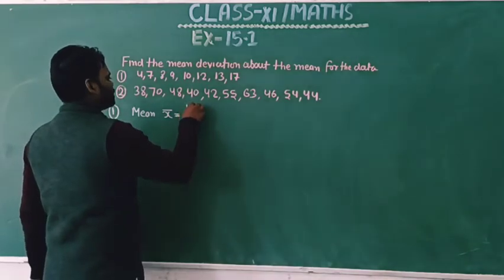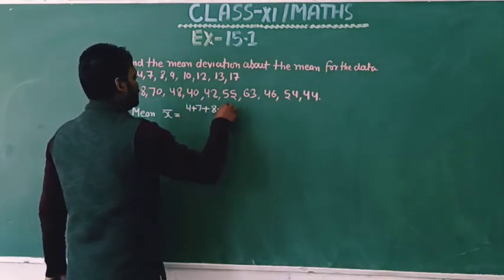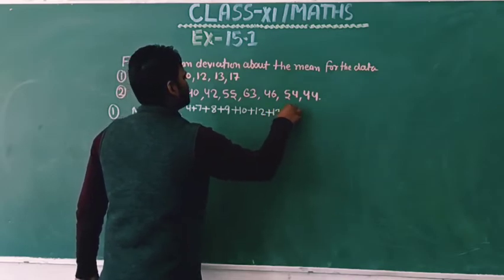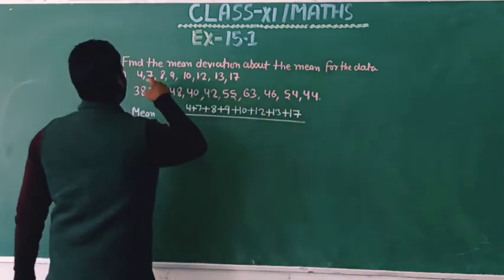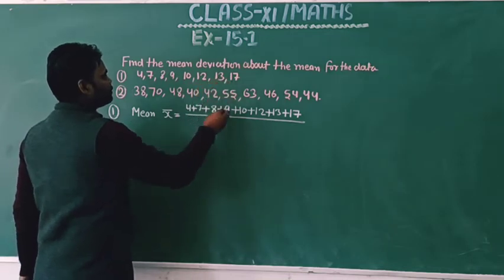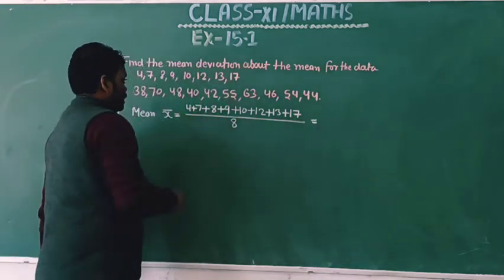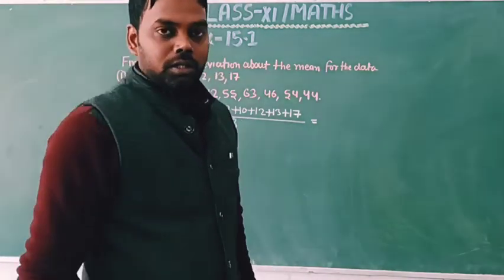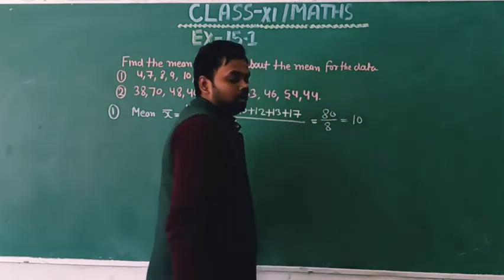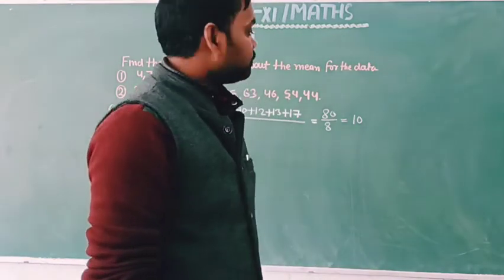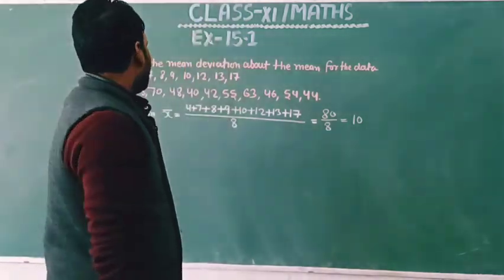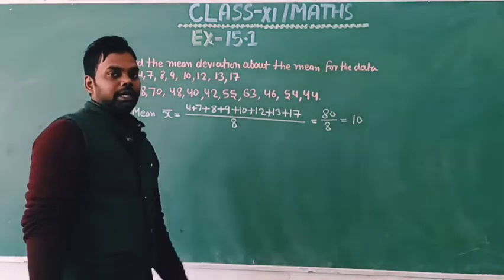So this is 4 plus 7 plus 8 plus 9 plus 10 plus 12 plus 13 plus 17, divided by the total number of observations, which is 8. The sum of all observations is 80, and 80 divided by 8 is equal to 10. So we have found its mean, 10.